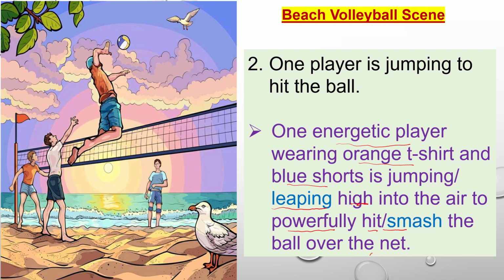So instead of writing 1 player is jumping to hit the ball, what we can write? 1 energetic player wearing an orange t-shirt and blue shorts is jumping high into the air to powerfully hit the ball over the net. Clear? Got it?